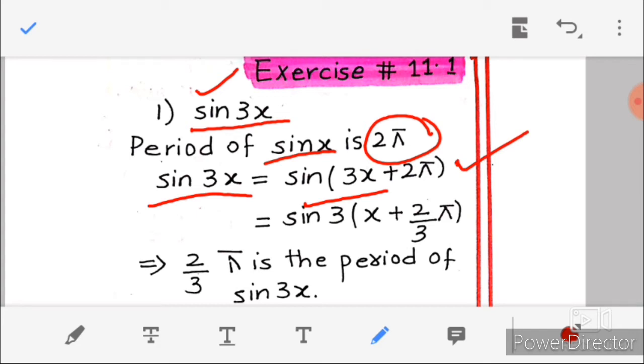Now we take 3 common and divide 2 pi by 3. So we get sin 3 bracket x plus 2 pi divided by 3. So 2 pi divided by 3 is the period of sin 3x. This is the solution of part number 1.